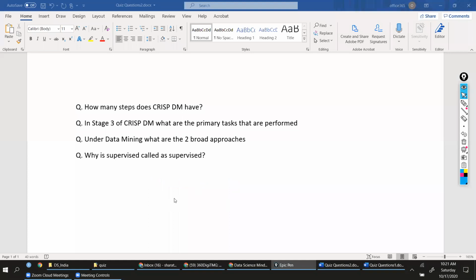So your training is happening with the knowledge of output variable or labeled data.